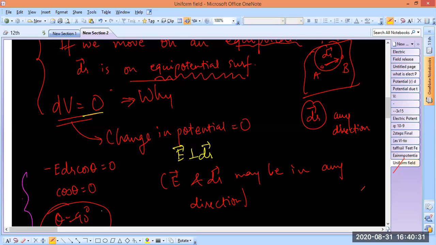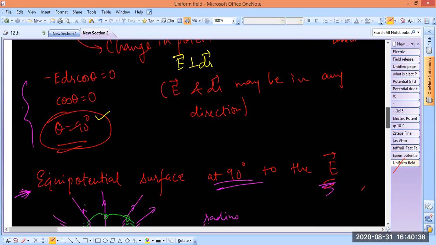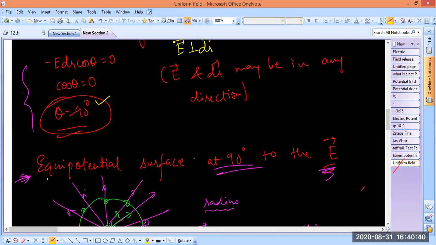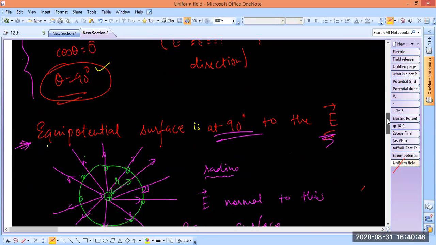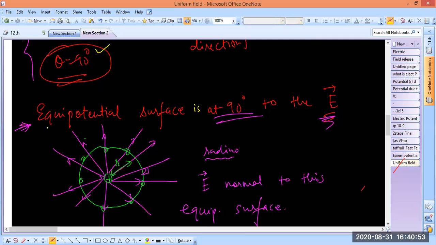That is, the angle between them has to be 90, right? So that means equipotential surface is at 90 degrees to the electric field, right? So at any point, if you want to draw equipotential surface, then you draw it perpendicular to electric field, or vice versa. If you want to draw electric field, then you draw it perpendicular to equipotential surface.